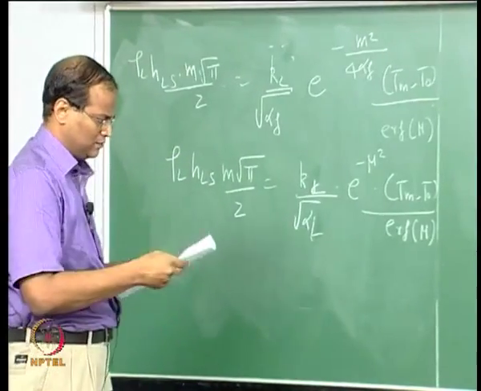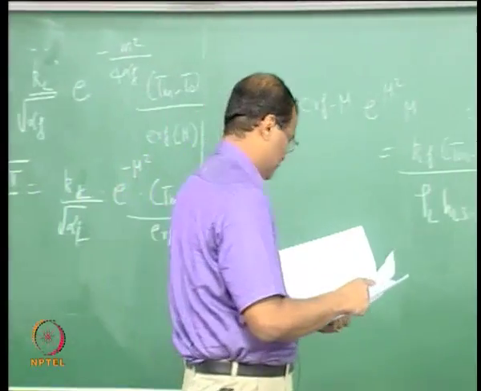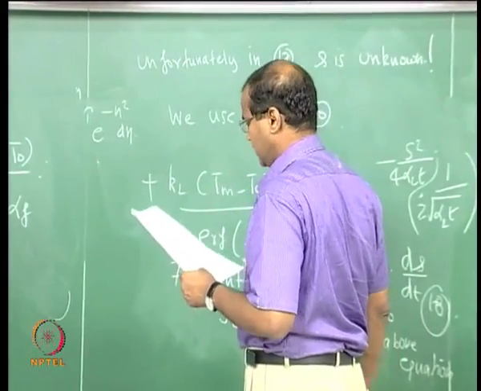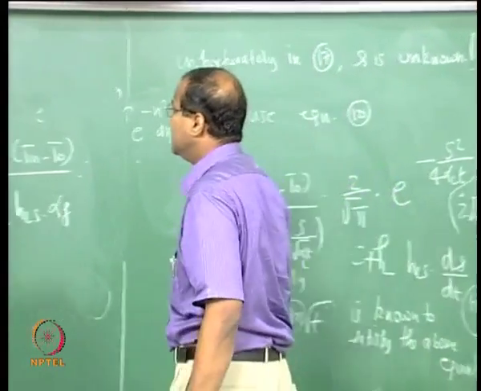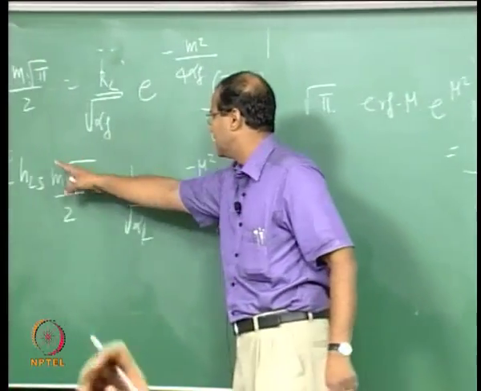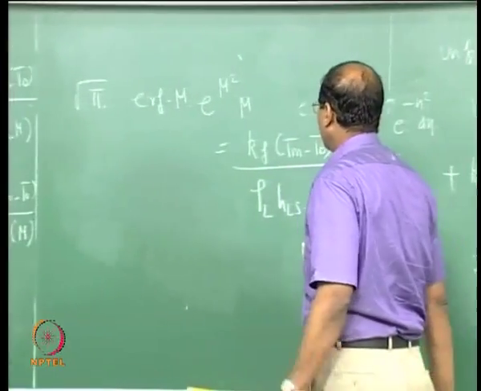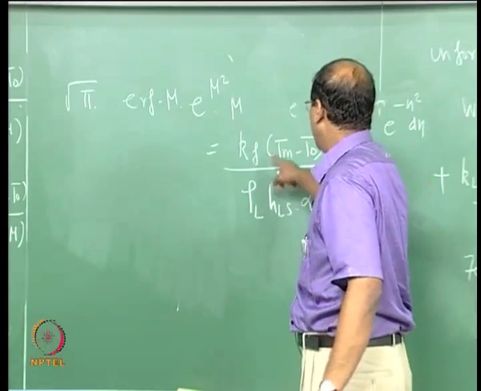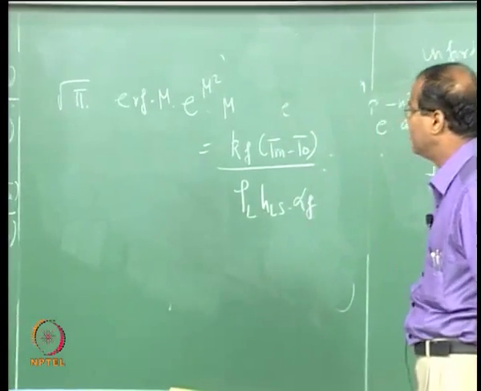Is that correct? Root pi mu e to the power of minus mu square, I am taking it to the left hand side, okay, and mu is equal to kf rho l Tm minus T naught.